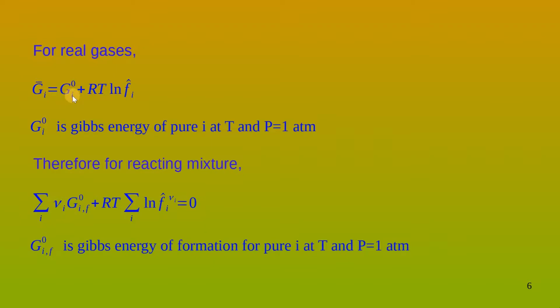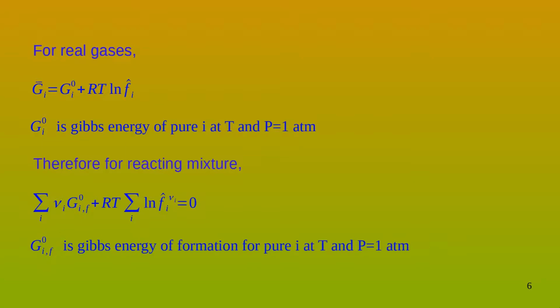Gi0 is nothing but the Gibbs free energy of pure species i at the temperature of the mixture, but at 1 atmosphere pressure. This needs to be noted. Plus RT ln of Fi cap, where Fi cap is nothing but the fugacity of the species i in the mixture. It's not the pure species fugacity, but the fugacity of the species i in the mixture.